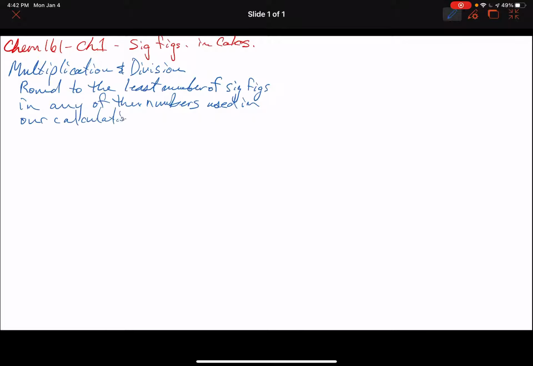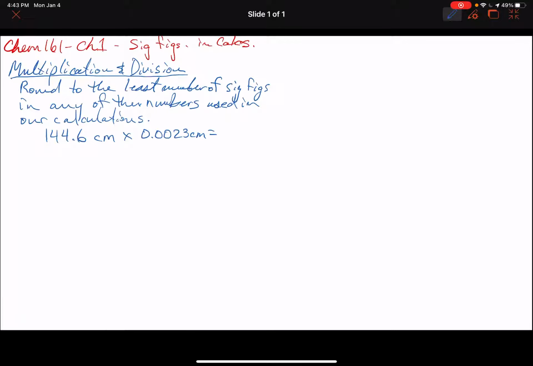Okay, so let's look at a couple of examples. If we were simply already given the calculation to do, 144.6 centimeters, maybe this is the edge of a rectangle, times the other edge dimension, which could be very small in this case, 0.0023 centimeters. So we're getting the area. And so this is a simple multiplication.